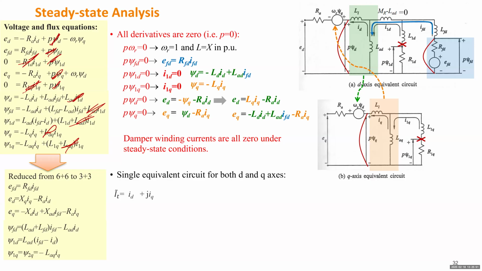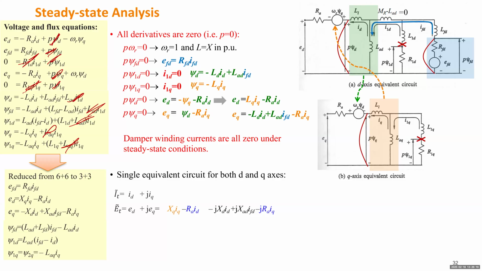It has a component in the D axis and also a component in the Q axis, so we use one complex number to indicate the total current, considering both D and Q components. Similarly, we can define the terminal voltage phasor, E_T tilde, which has the real part, lowercase e_d, and imaginary part, lowercase e_q.